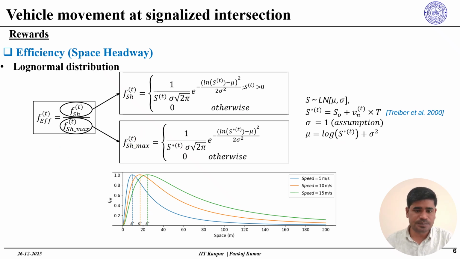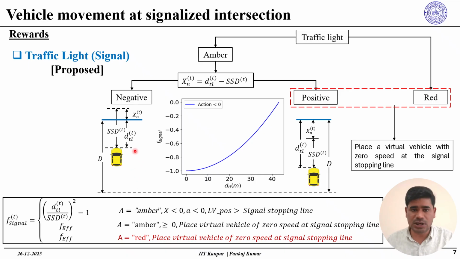Now we move to the second reward, which is related to the traffic signal. When the amber light or the red light is on, the vehicle has to decide either to stop or to go. We calculate the action, which is the distance to the stop line minus the stopping sight distance.